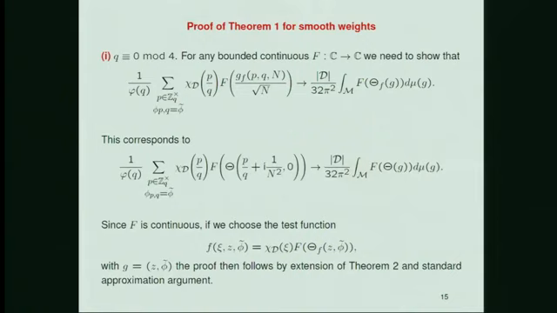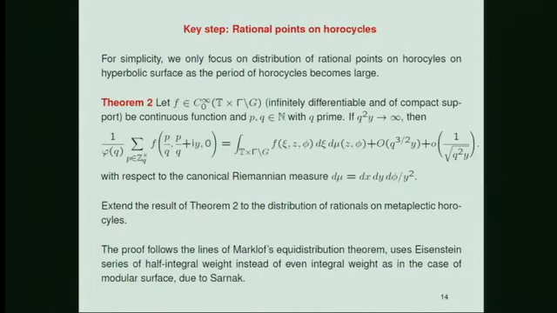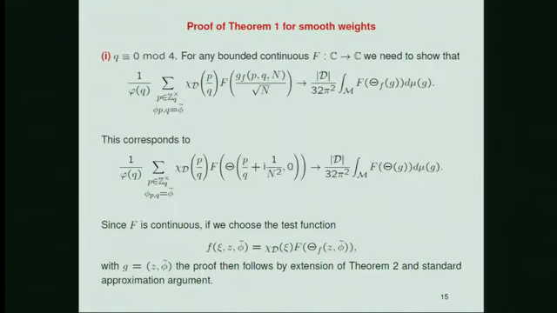Now the proof of Theorem 1 follows from this equidistribution theorem, the distribution of these rational points on horocycles. For the first step, I just talk about when Q is 0 mod 4, because the other cases are very similar analogs. We take a bounded continuous function from complex numbers to complex numbers, and we should show that this holds. Here χ is just a characteristic function.